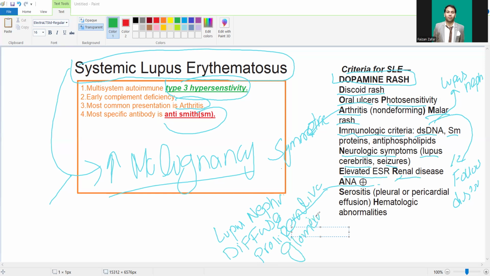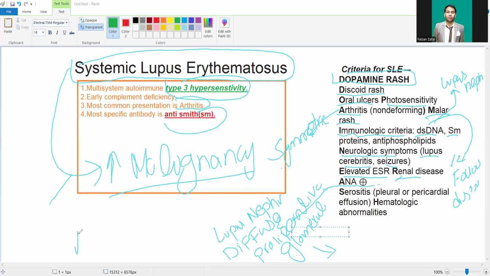It is basically the most common cause of renal disease in SLE patients. The most important thing for lupus nephritis is biopsy. For severity of lupus nephritis you need a biopsy, and for follow up you need anti-dsDNA.